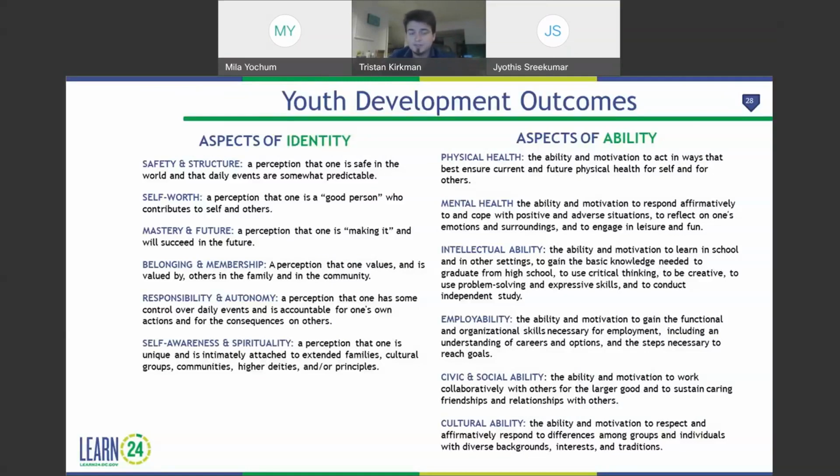Within each category, there are 6 attributes, and a quality program will be designed to achieve and measure at least 2 of these: safety and structure, self-worth, mastery and future, belonging and membership, responsibility and autonomy, and self-awareness and spirituality on the identity side. And on the ability side, things like physical health, mental health, intellectual ability, employability, civic and social ability, and cultural ability.